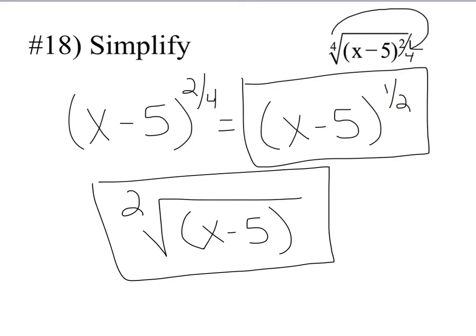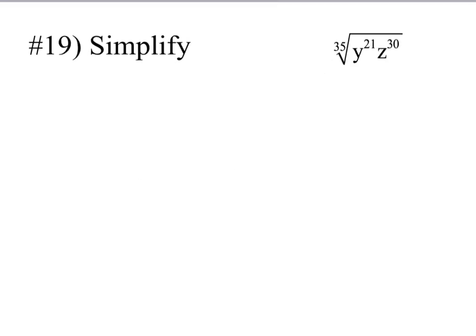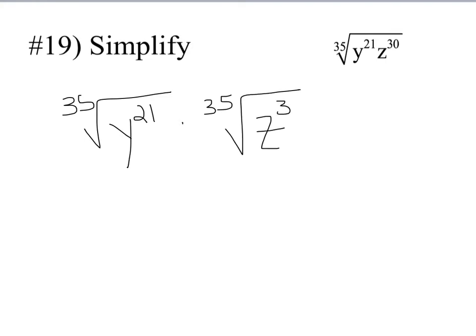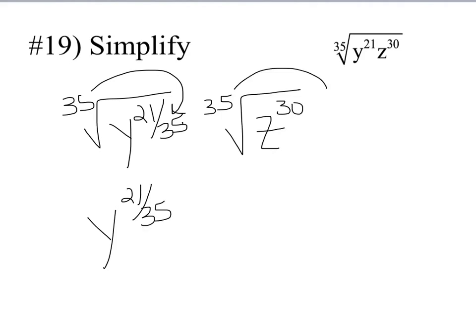Okay, here we have the 35th root of y to the 21st times the 35th root of z to the 30th. So we're just going to take our indexes back, and this becomes y to the 21 over 35, and this becomes z to the 30 over 35.